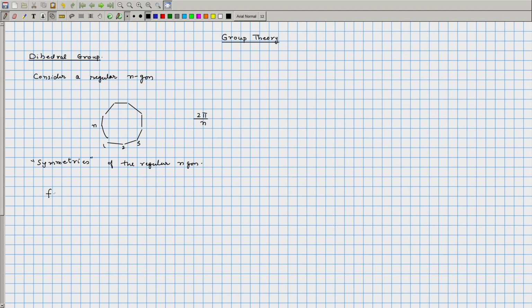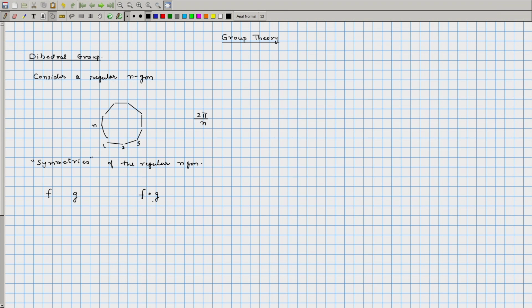So, if you have one such f and if you have g, if you do the operation of g and then follow it by f, that can be written as f composed with g. Okay. So, if you do these operations together, then you can reason out that the resultant operation will also leave the polygon unchanged.